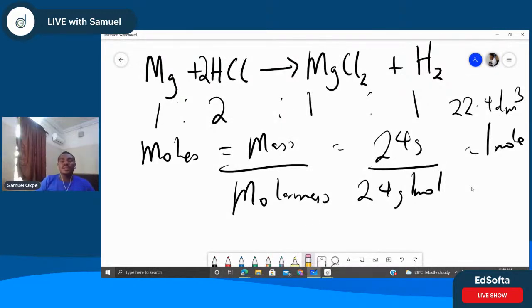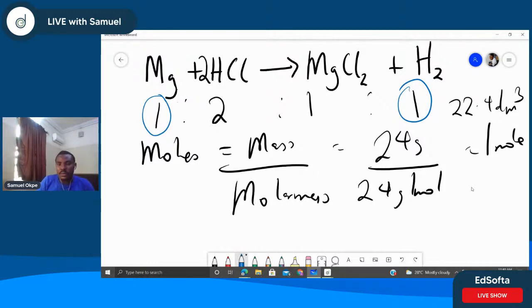So how do we now get the volume of hydrogen? From our mole ratio, we know that 1 mole of magnesium will give 1 mole of hydrogen. If it was 2 that was here, 1 mole of magnesium would give 2 moles of hydrogen. But because it is 1 mole here and 1 here, 1 mole of magnesium gives us 1 mole of hydrogen.